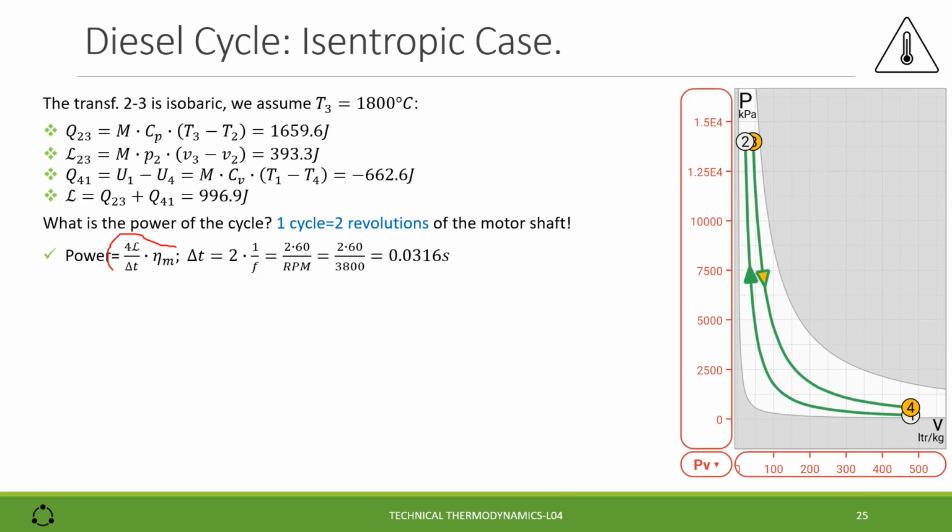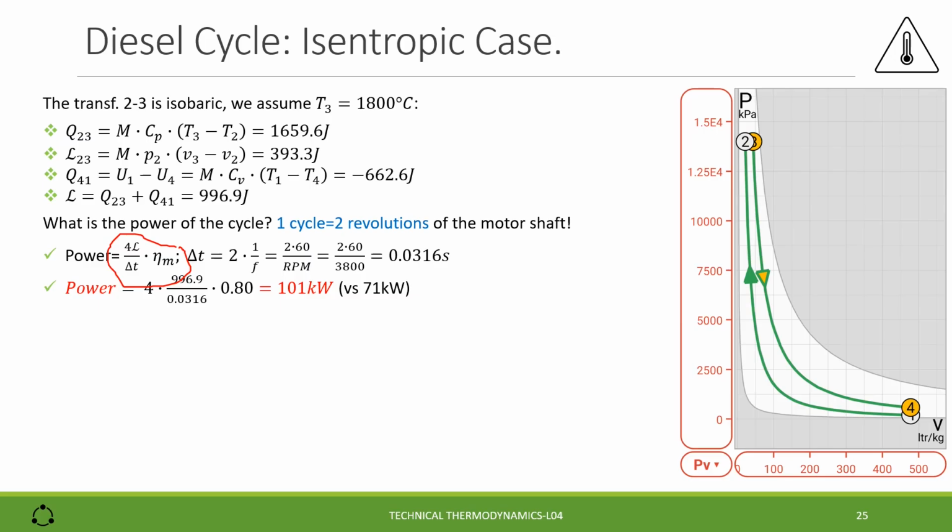The delta T is 2 times the frequency and is 0.0316 seconds.